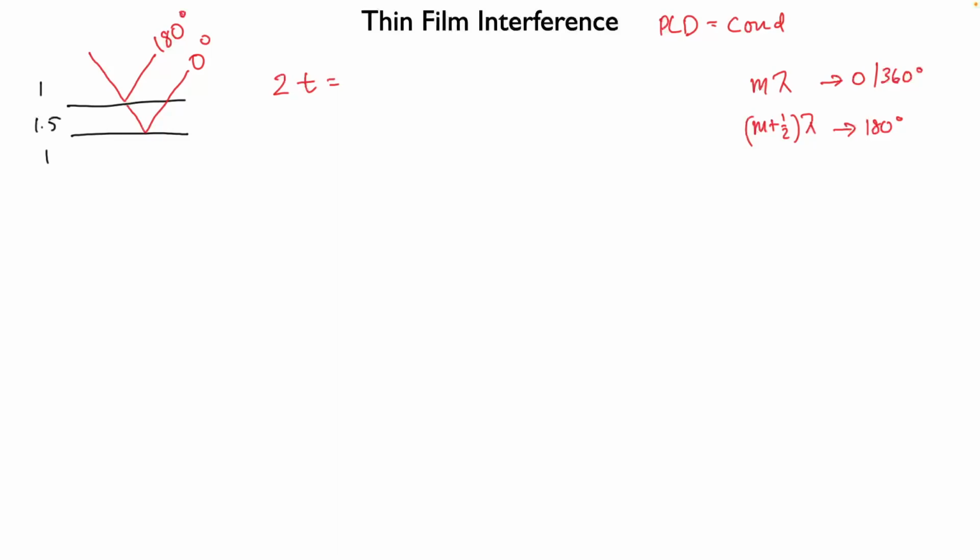So if we cause the second ray, the one that bounces off the bottom interface, if the extra distance it travels is equal to an integer multiple of this wavelength, then what will those two waves do? The first one is 180 degrees out of phase with the original.